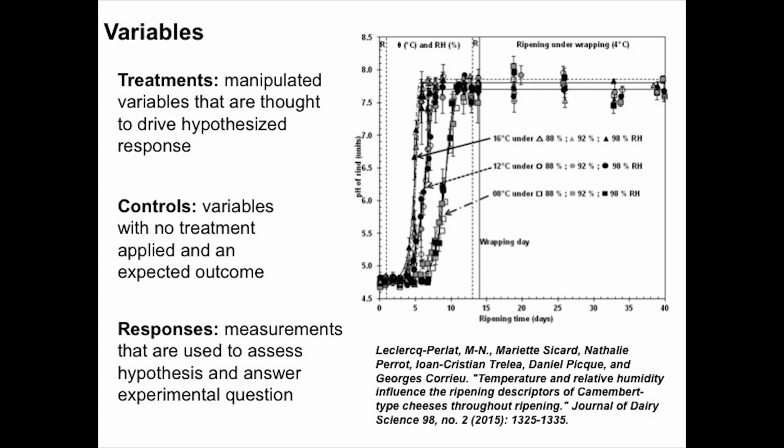And what they're showing you, which isn't that surprising, but you gotta do the experiment to know, is that cooler temperatures and warmer temperatures have different rates of increasing the pH of the rind. Again, here, the control was the 12 degrees, that's what they normally would do it at. The treatments were the different temperatures, and the response here is looking at the pH of the rind.